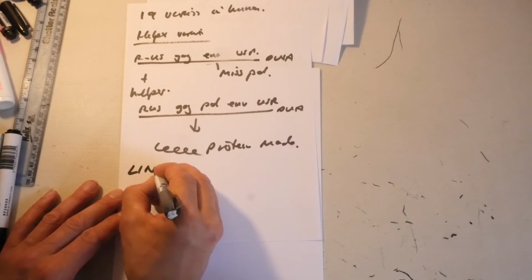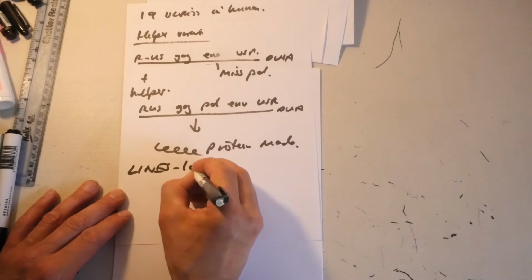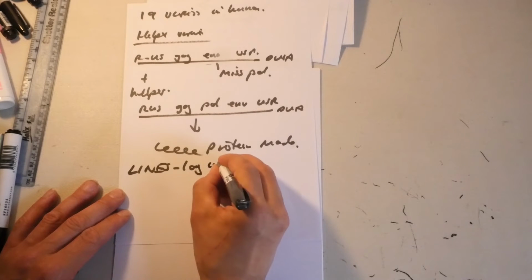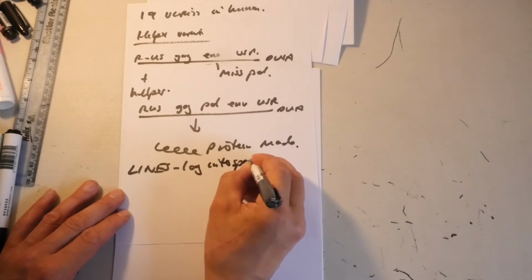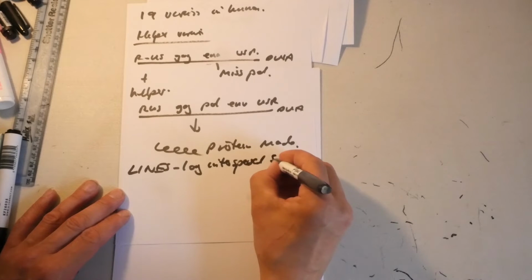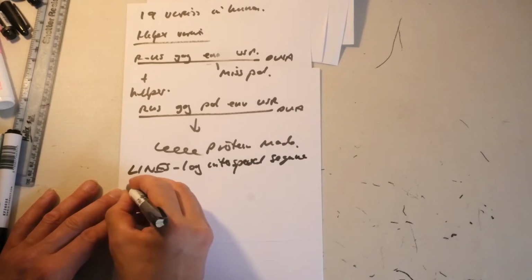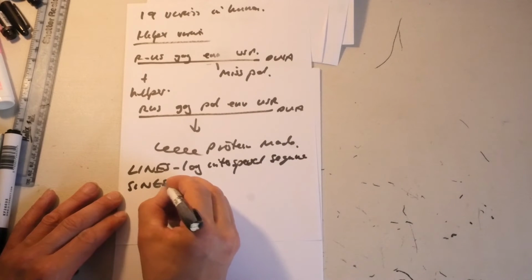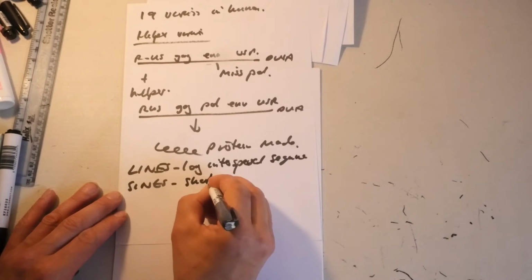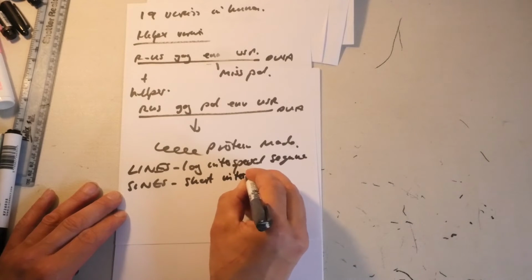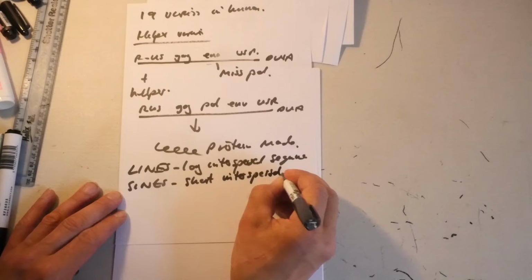So LINEs are long interspersed sequences, and SINEs are short interspersed sequences, okay?